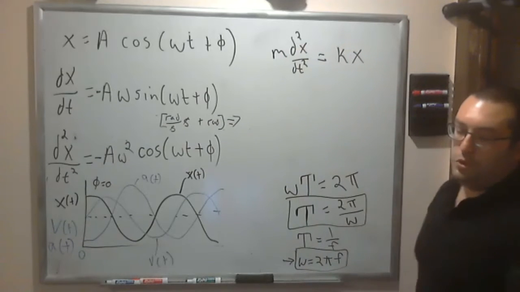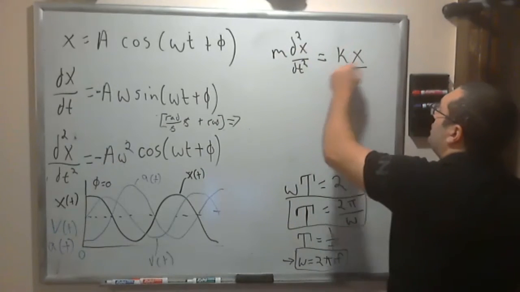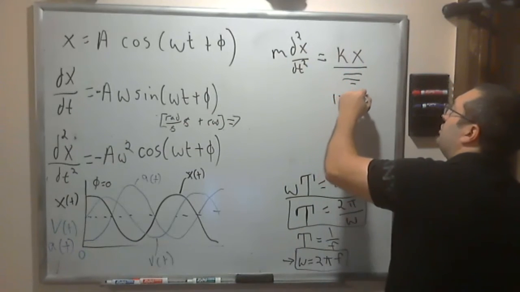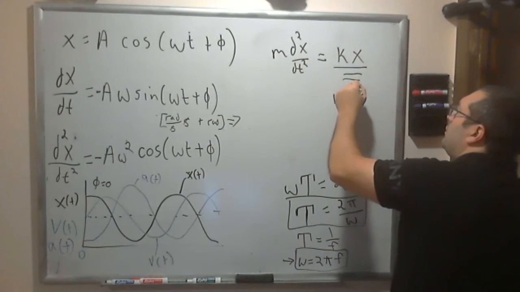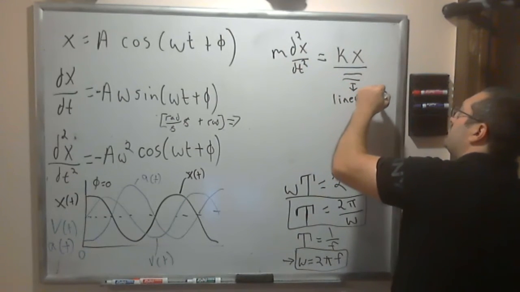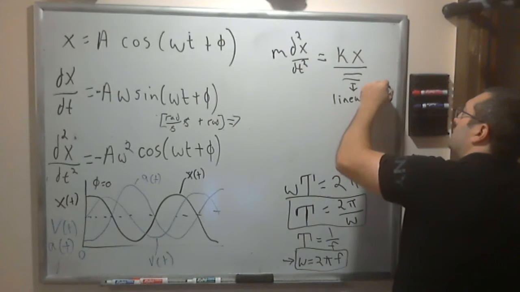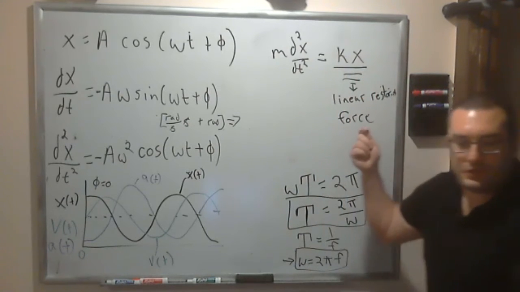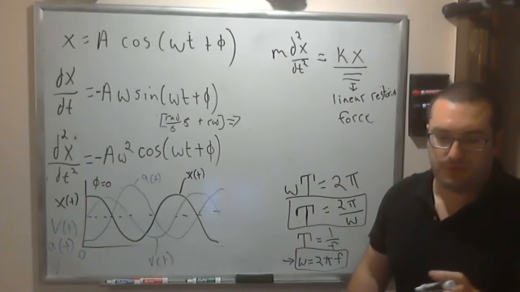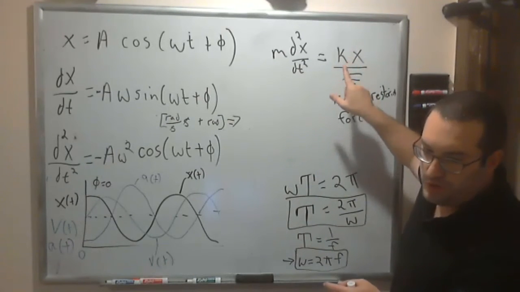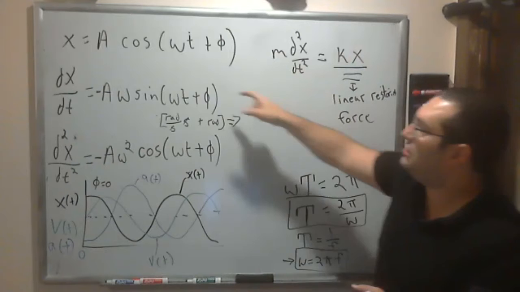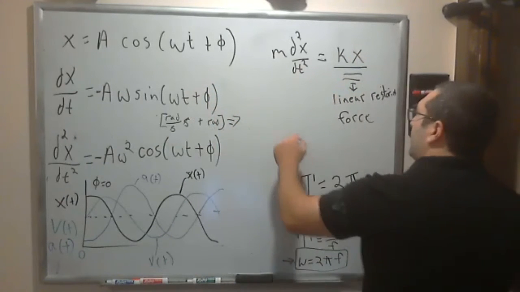So you'll always have simple harmonic motion when you have a linear restoring force. Whenever you have a linear force that wants to bring it back to a certain position, you get that differential equation that solves for this, right?